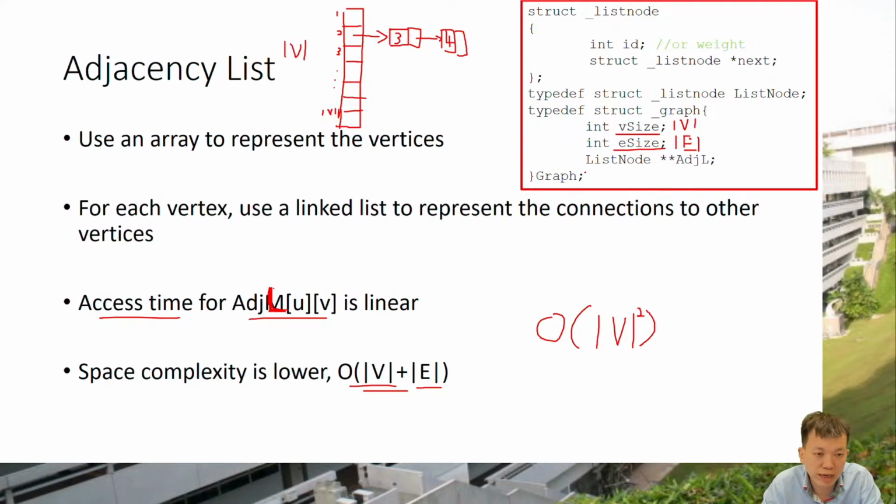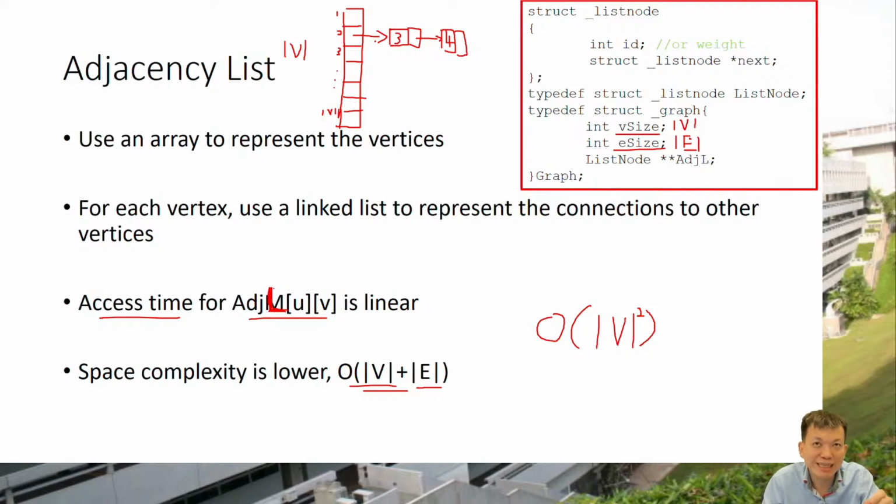Then I need to have a list nodes double pointer because it's an array. You can think of this as a list nodes array, a linked list array, because you have a lot of linked lists.